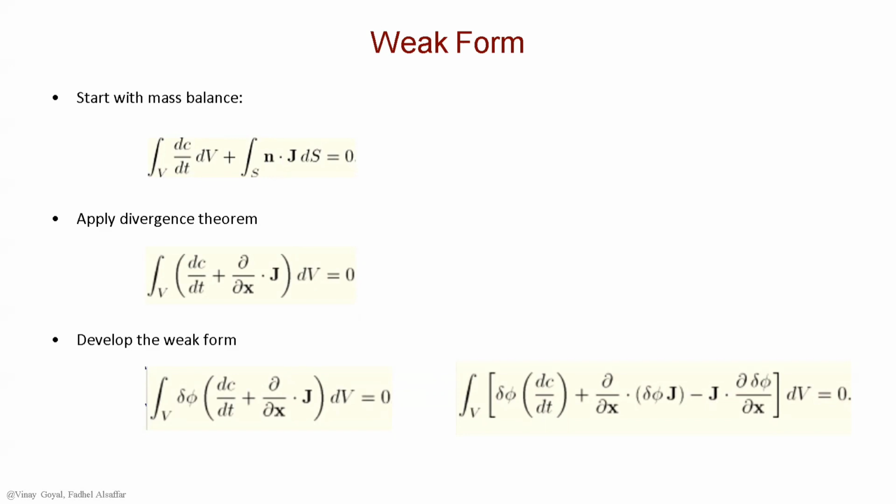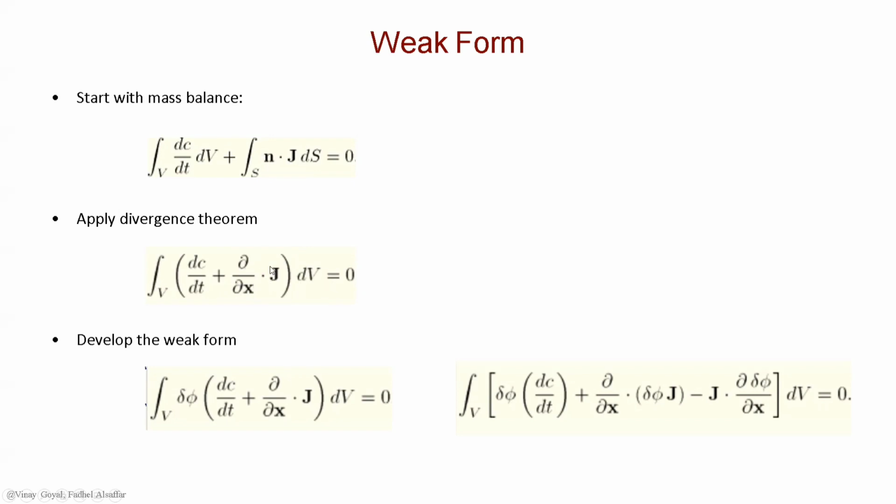And because this equation is true for every volume, the integrand must be equal to 0. And that equation that you see there in the integrand is really very similar to the equation we found earlier.